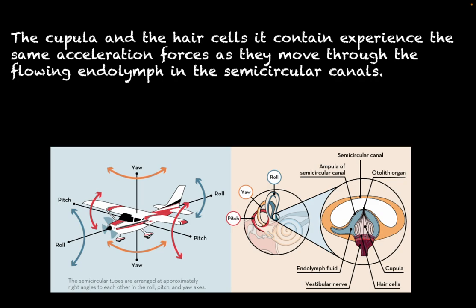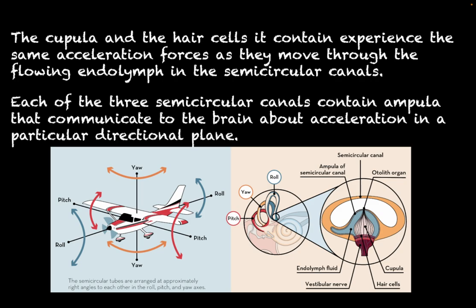So when you move or rotate in a given direction, the fluid in that particular cavity is going to swish back and forth, and that cupula is going to swish and sway along with it. Each of the three semicircular canals, as I mentioned before, contain ampulla and cupula that communicate to the brain about acceleration forces in that particular directional plane.